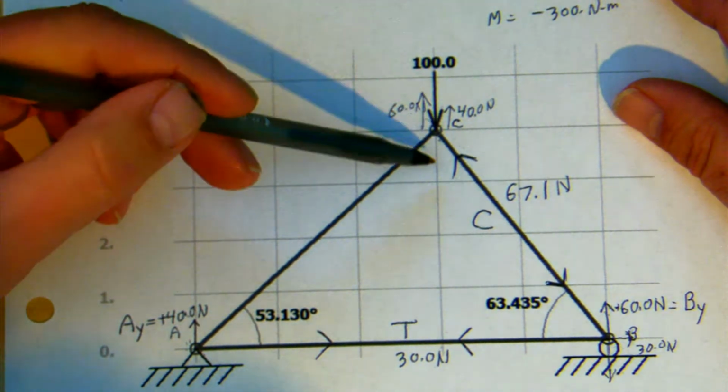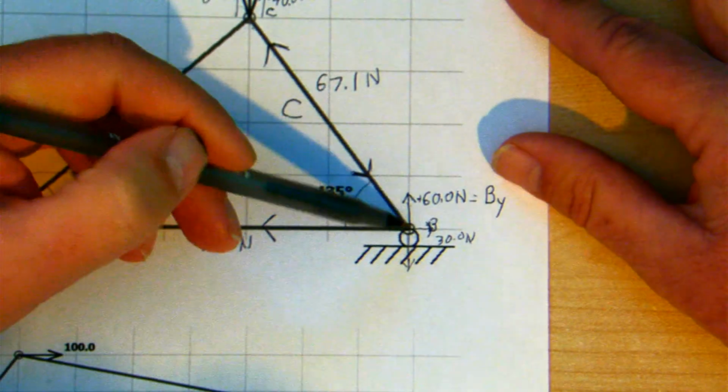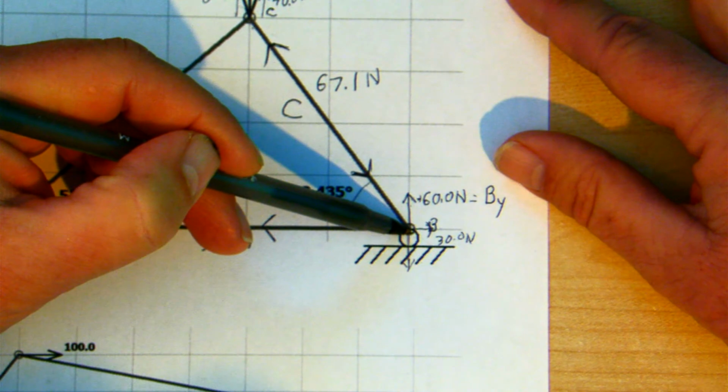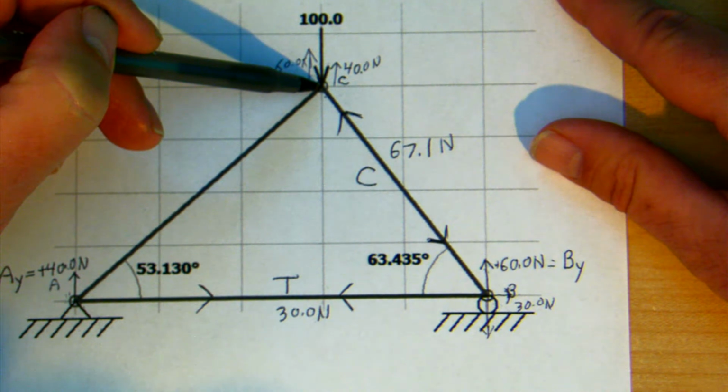If you like, I can also point out the fact that, look, down here, BC was pushing to the right on point B with 30 newtons. So the other end of BC is pushing to the left with 30 newtons.